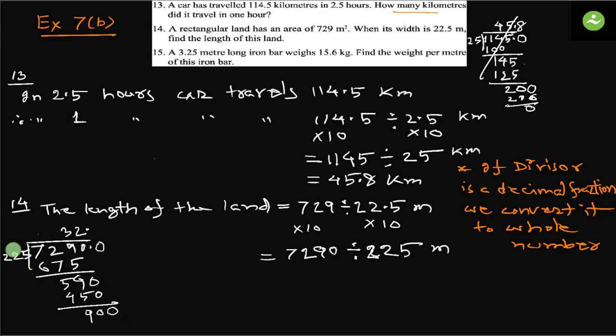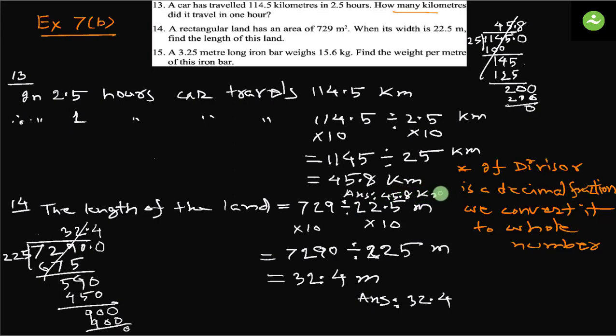Now 225 into 4 is 900. So 32.4 meter is the answer. Here what was the answer? Answer was 45.8 kilometer.